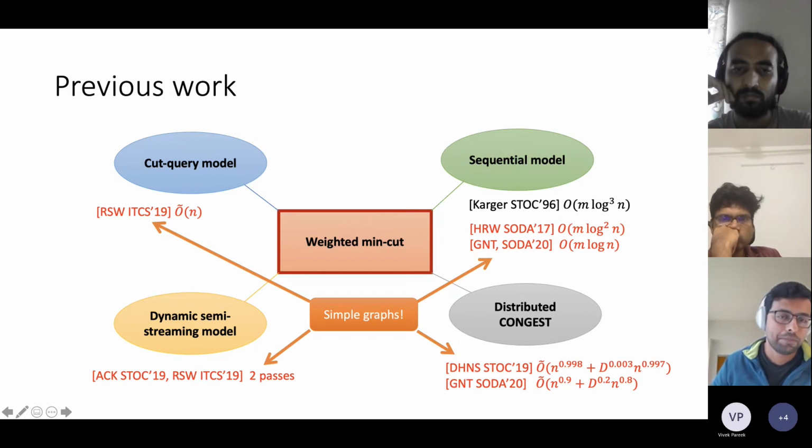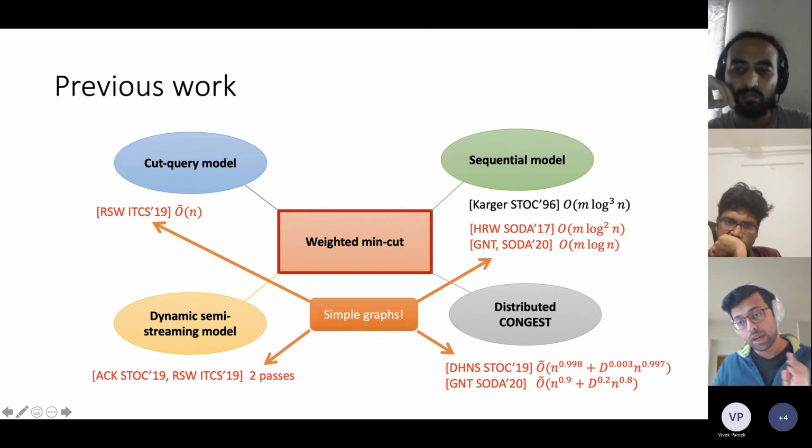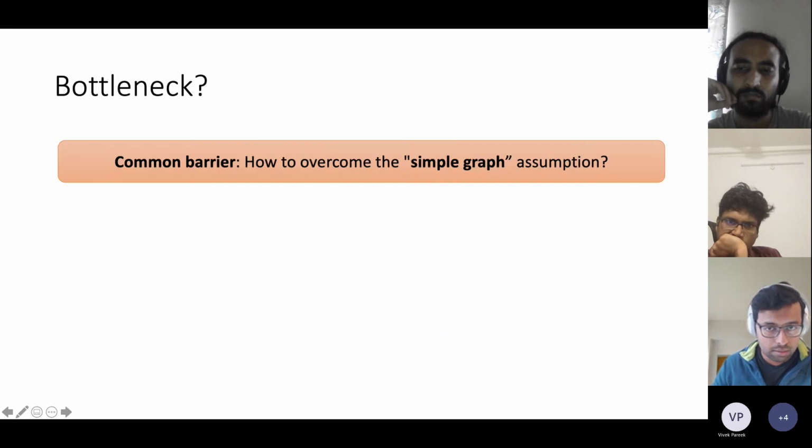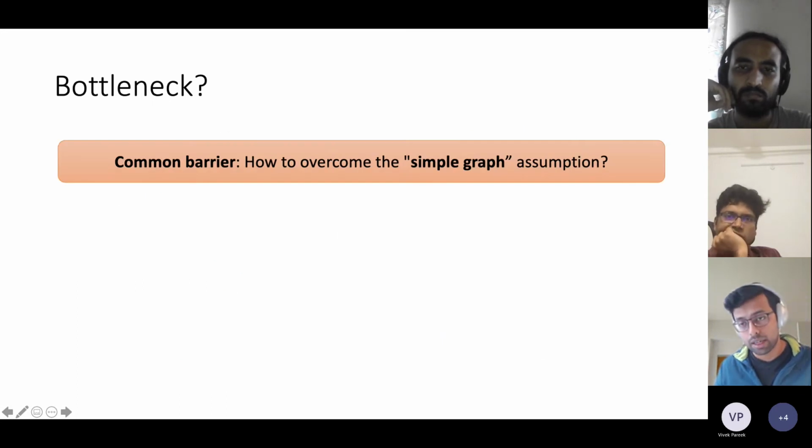Okay, so these are all for simple graphs, but our goal is to design an algorithm for weighted graphs, because that captures real-life networks and so on. Then you might ask why these things work only for simple graphs, or why they do not work for weighted graphs.